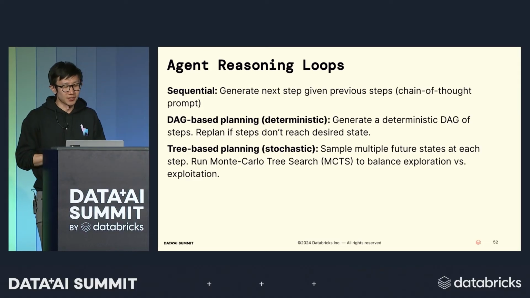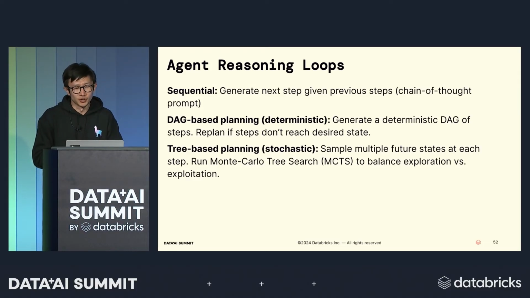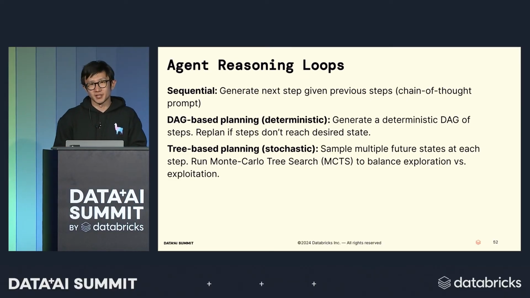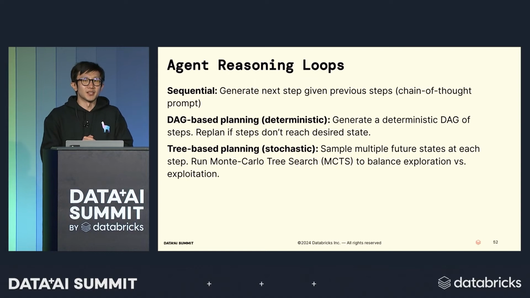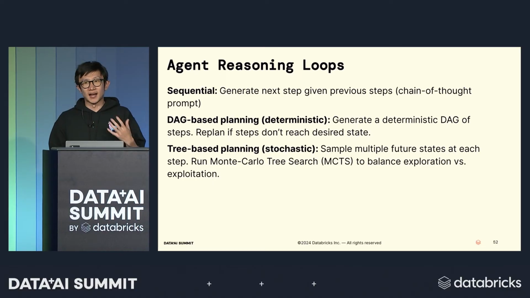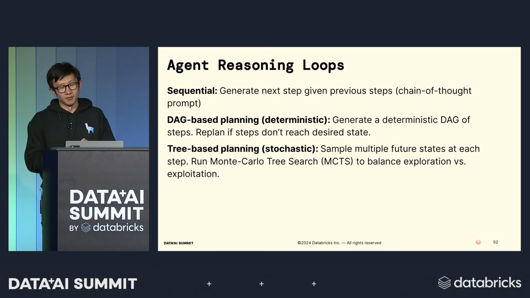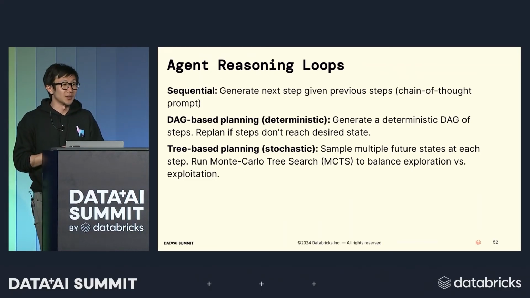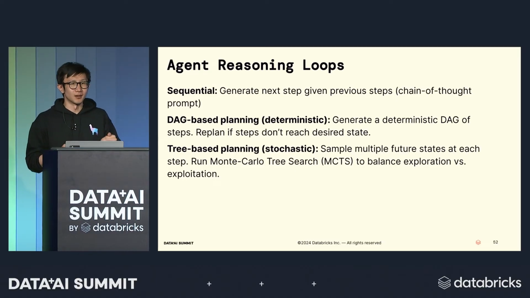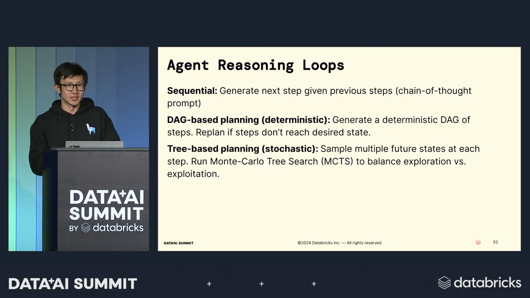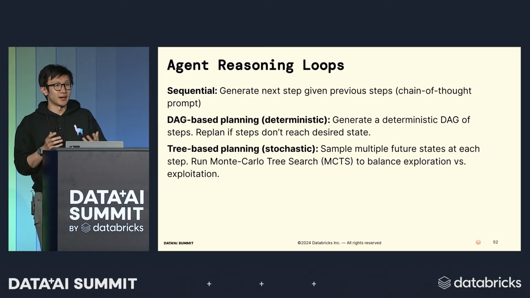The second agent reasoning loop is DAG-based planning, which is a little bit more dynamic than pure sequential reasoning. DAG-based planning means that even at the very beginning, you try to plan out an entire DAG, or graph of steps to take, to solve the task. This introduces a little more strain on the LLM because it forces it to think multiple steps ahead and plan out almost like a tree that converges, instead of just planning the next step.